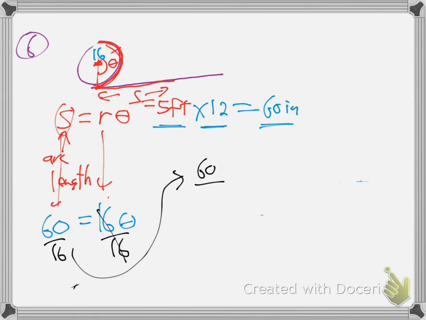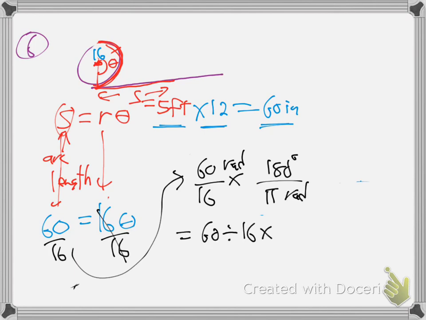Then you take that and convert it: radians times 180 degrees over pi radians. So 60 divided by 16 times 180 divided by pi. Hit the buttons. Does that one come out to 214.9? Is that one coming out right? There it is. Thanks for that. I didn't notice their little trickery.